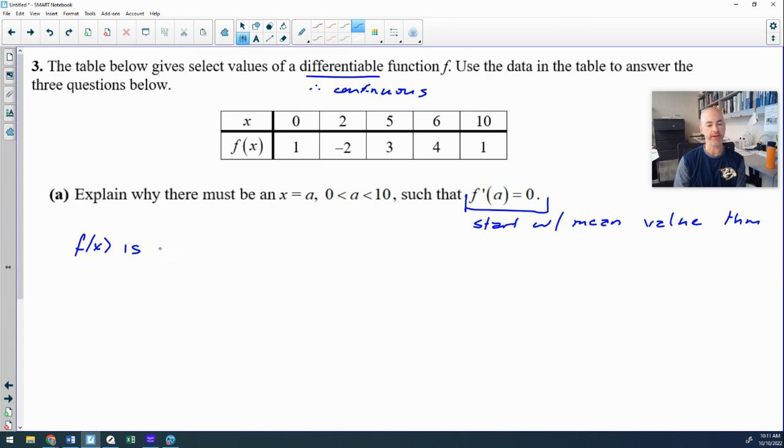I'm going to say f of x is differentiable. Now that's given. And because the function is differentiable, it is the fact that the function is differentiable that convinces me that the function is continuous. So f is differentiable, therefore continuous.